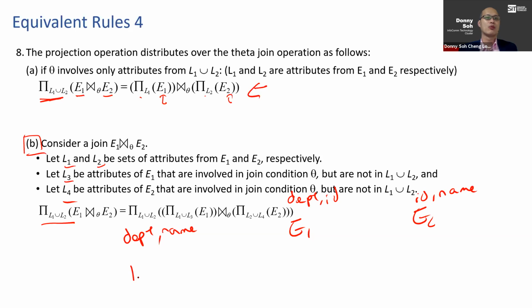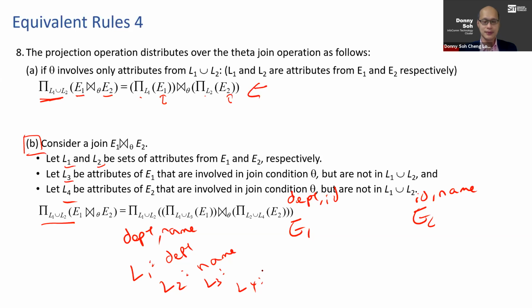Okay, what is L1, L2, L3, L4? L1 is going to be department. L2 is going to be name. Because ultimately I want to project out name and department.